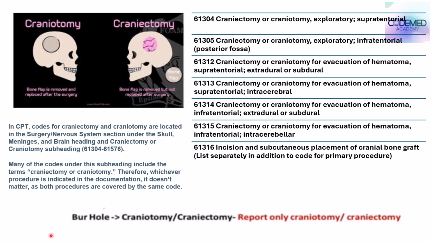Now, as far as the CPT is concerned, you will see the codes for the craniectomy and craniotomy under the code range 61304 to 61576. Many of these codes under this subheading include the terms craniotomy and craniectomy, and whichever procedure is indicated in the documentation doesn't matter, as both procedures are covered by the same code.